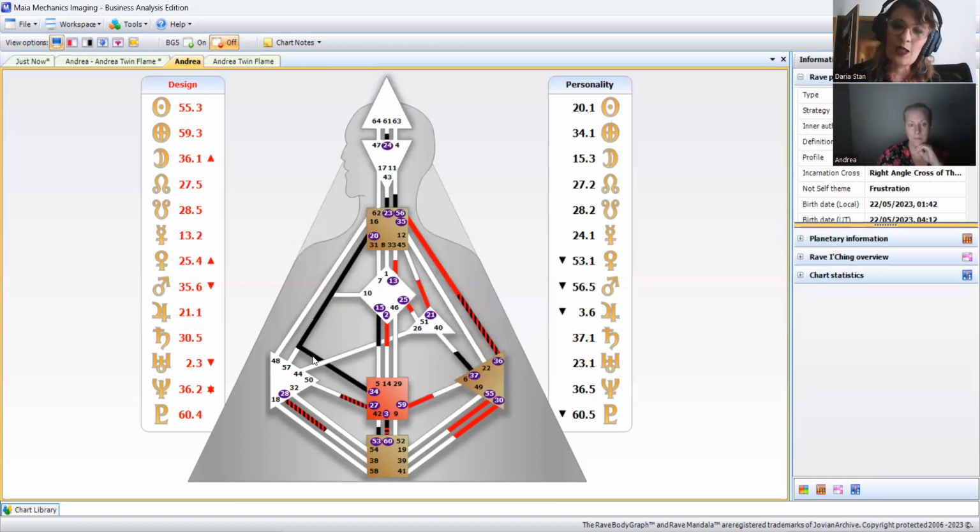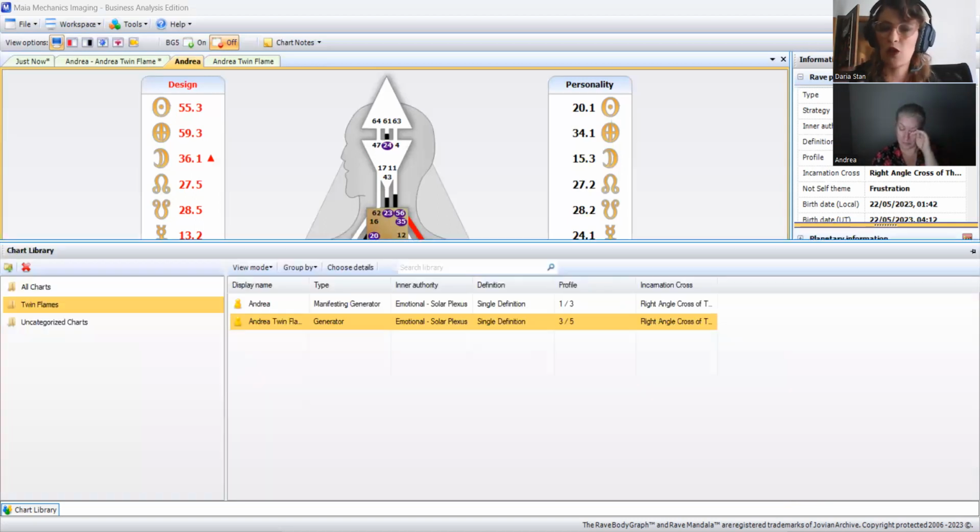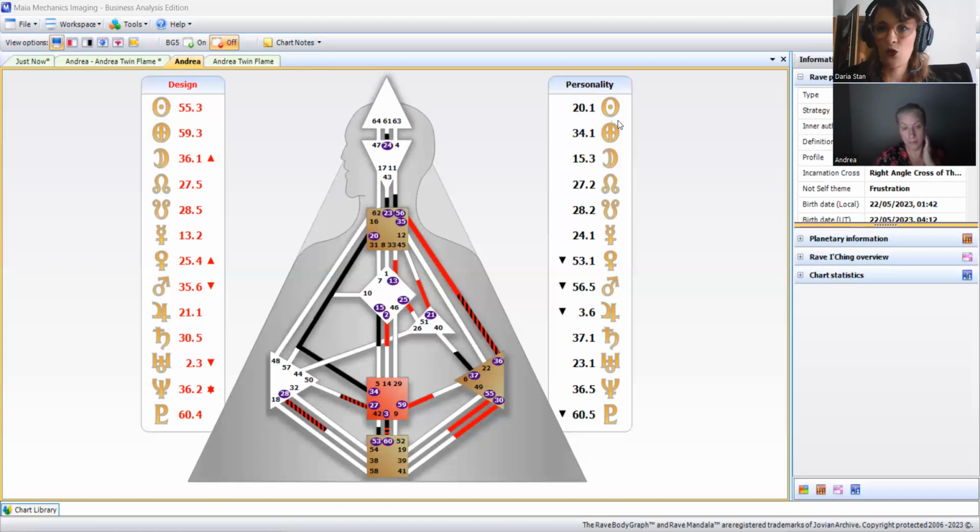Now, your process of incarnation is very interesting. You have the sleeping phoenix. Why I say it's very interesting is because we're all gonna collectively move into this cross of incarnation in 2027. It's gonna be the global cross of incarnation for everyone for a couple of 100 years after 2027.